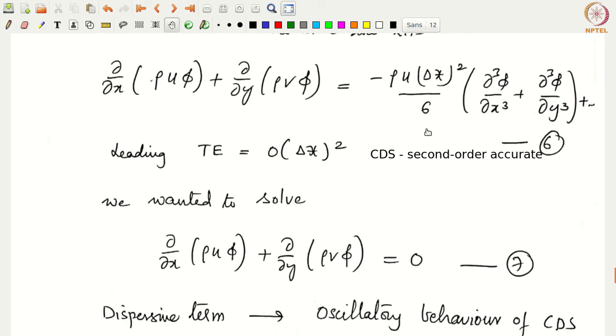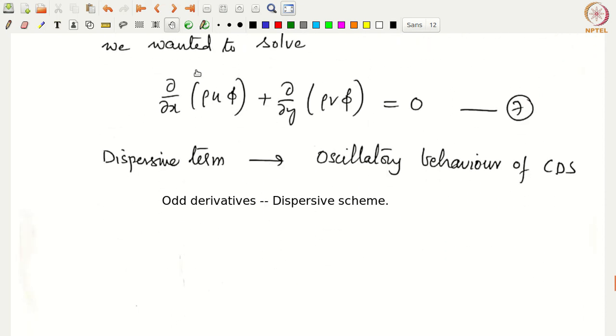That means we can expect the wiggles to become lesser and lesser, but nonetheless they will be there because the mesh is always something that is finite but small. Okay, so this is how we can now describe the behavior of the central differencing and the upwind difference scheme based on the terms that we get in the modified equation.